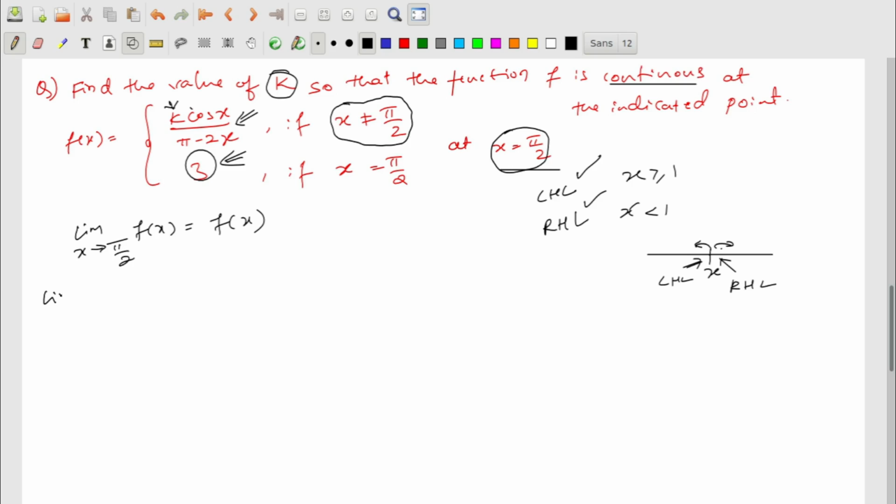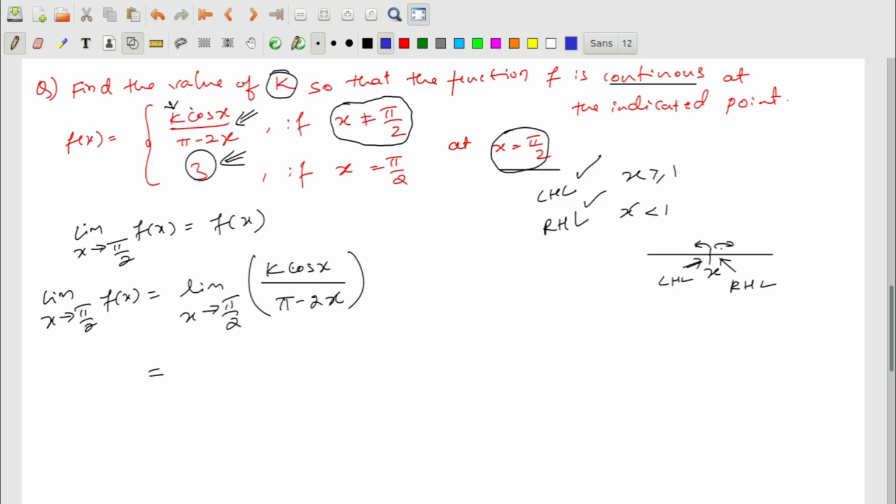Let me take limit x tends to pi by 2, f of x is equal to limit x tends to pi by 2 of k cos x divided by pi minus 2x. Now how to simplify this one? See here, if you substitute x is equal to pi by 2 here, see what we get.